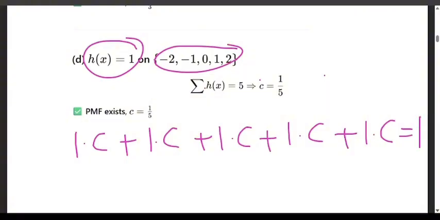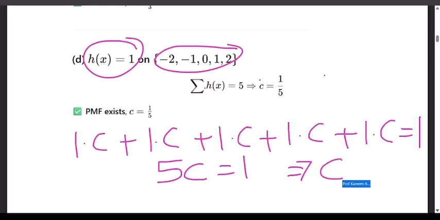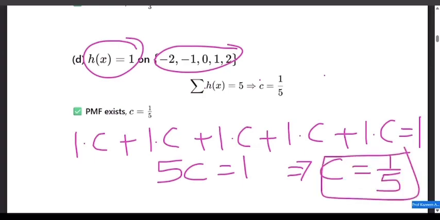So I'm going to have 5c equal to 1, and that implies c is 1 over 5. That was how I got 1 over 5, which means the probability mass function exists here when c equals 1 over 5. So we're trying to figure out when the probability mass function exists for any given scenario.